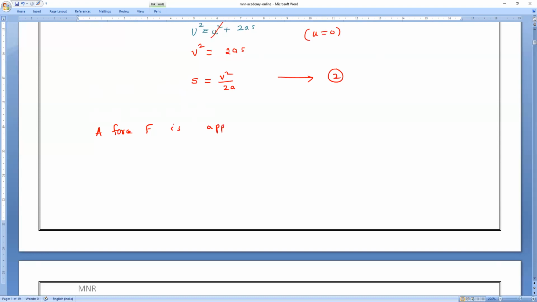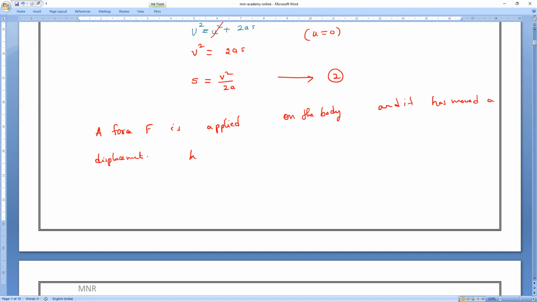Now, a force F is applied on the body, and it has moved a displacement s. Can you tell me what is the work done on moving a body?